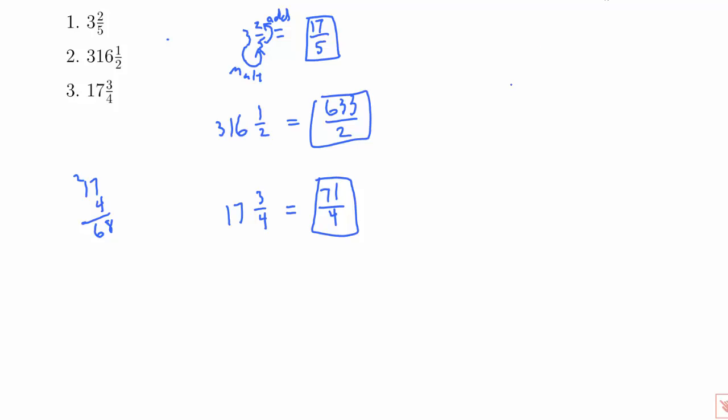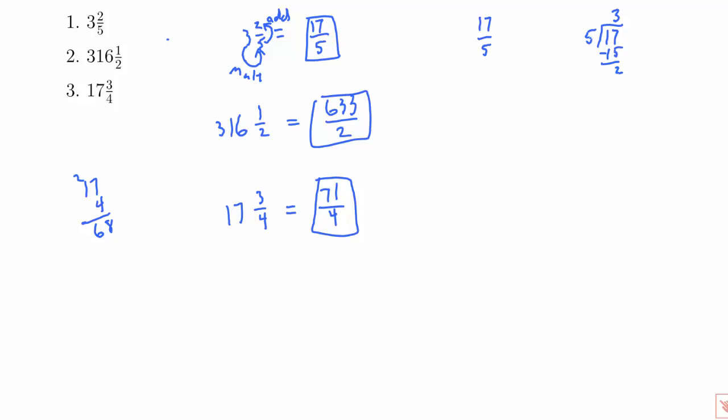I do, however, want to talk about how we go in the reverse direction if we need to. So you can take that 17/5 originally, and you actually do the division. Now, a lot of people will just do this in their head, but if you need to, just do long division. 5 goes into 17 how many times? 3. 3 times 5 is 15. Subtract, that gives us 2.